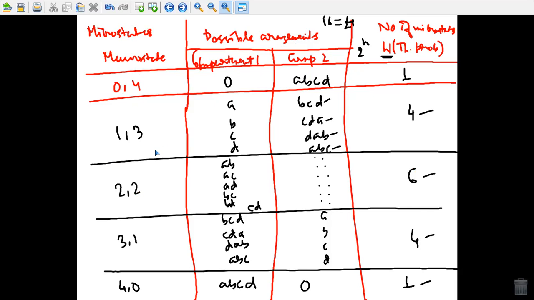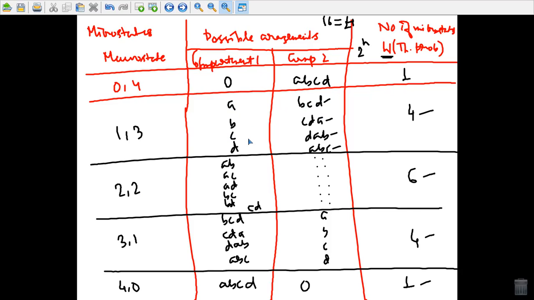For 1 and 3, what happens? If compartment 1 is occupied by A, then another possibility of filling compartment 2 is with the other three particles apart from this one. So if this is occupied by A, then BCD occupy compartment 2.